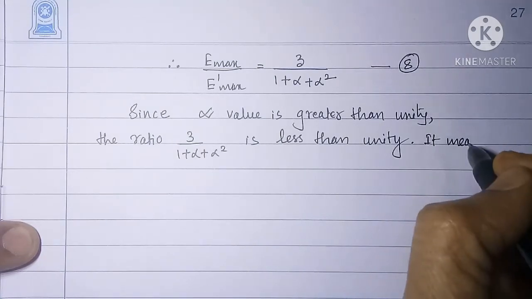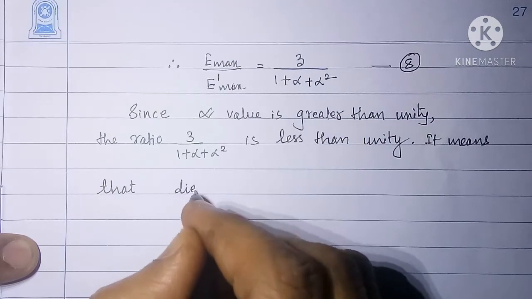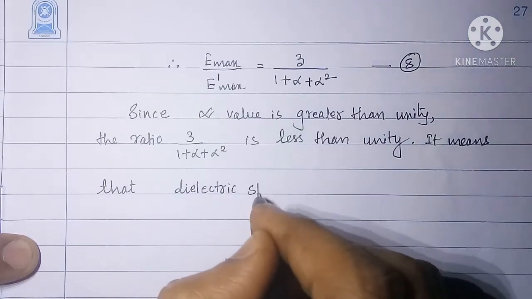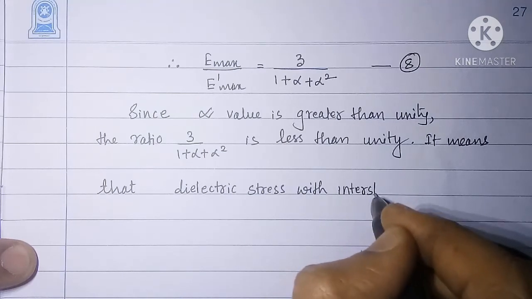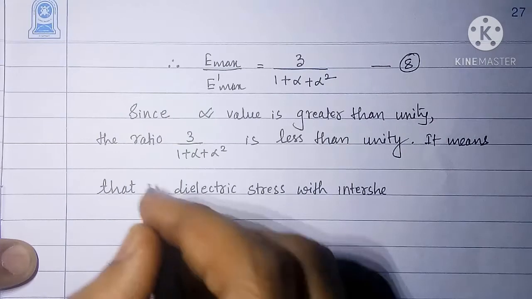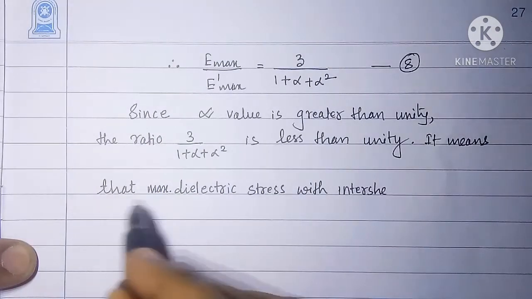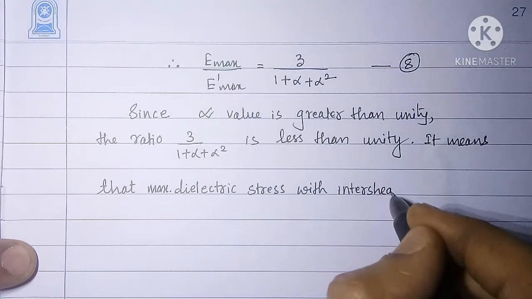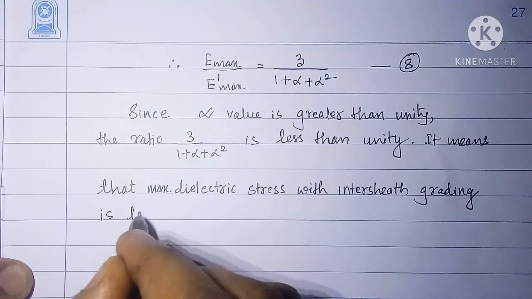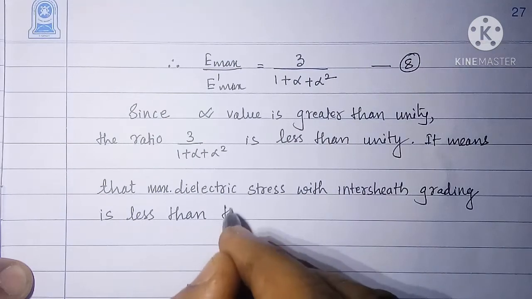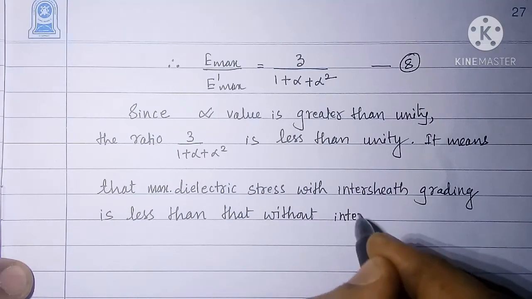It means that maximum dielectric stress with intersheath grading is less than that without intersheath grading.